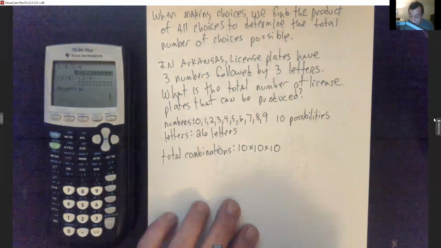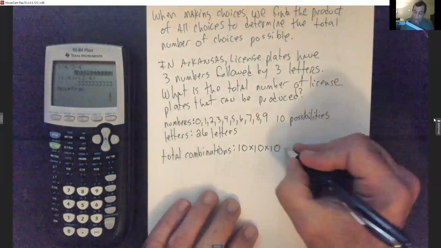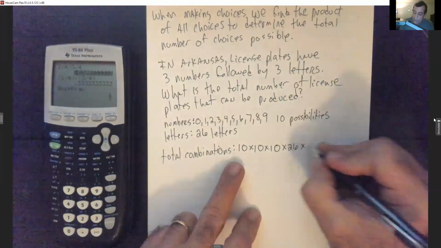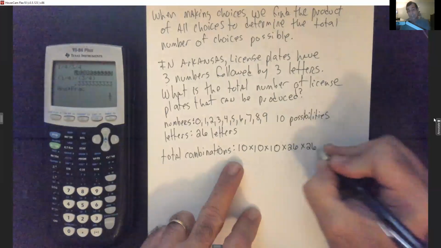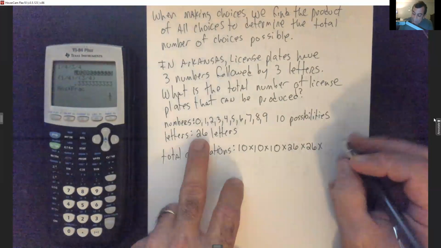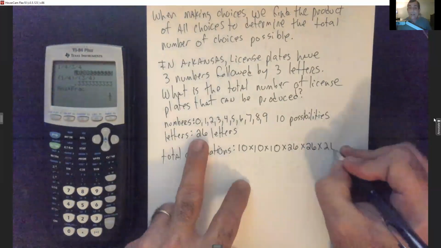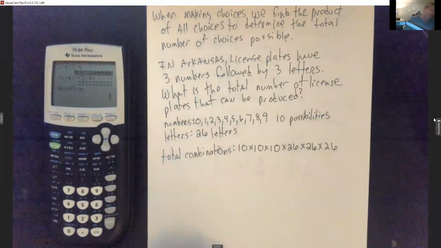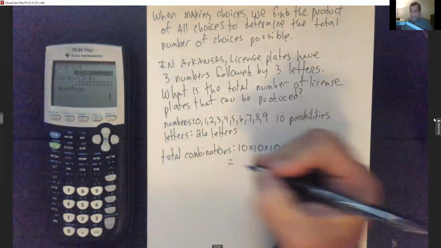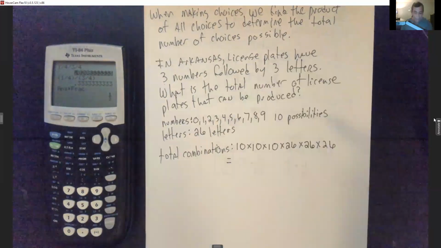I got 3 letters. So I got 26 possibilities for the first letter, 26 possibilities for the second letter, and 26 possibilities for my third letter. So my total possible combinations are going to be the product of all these numbers.